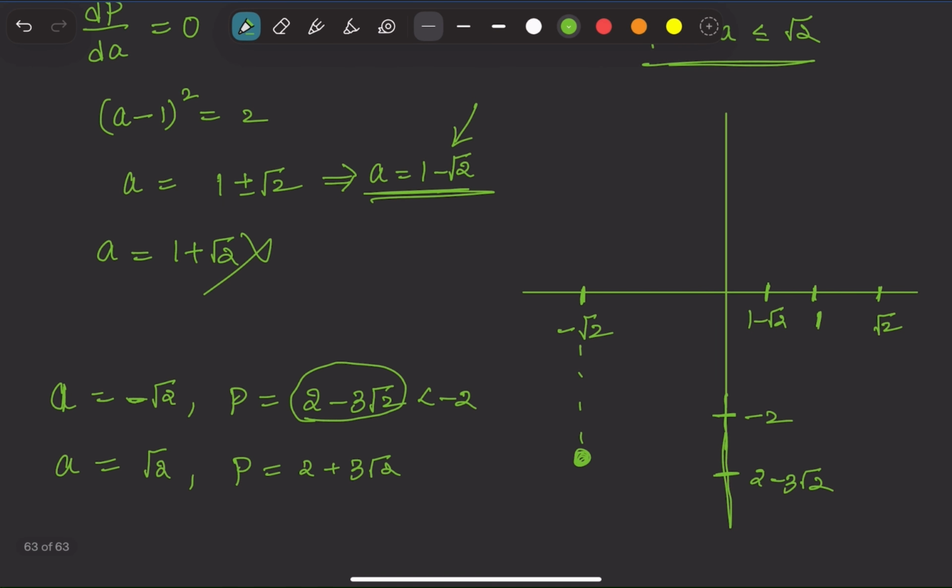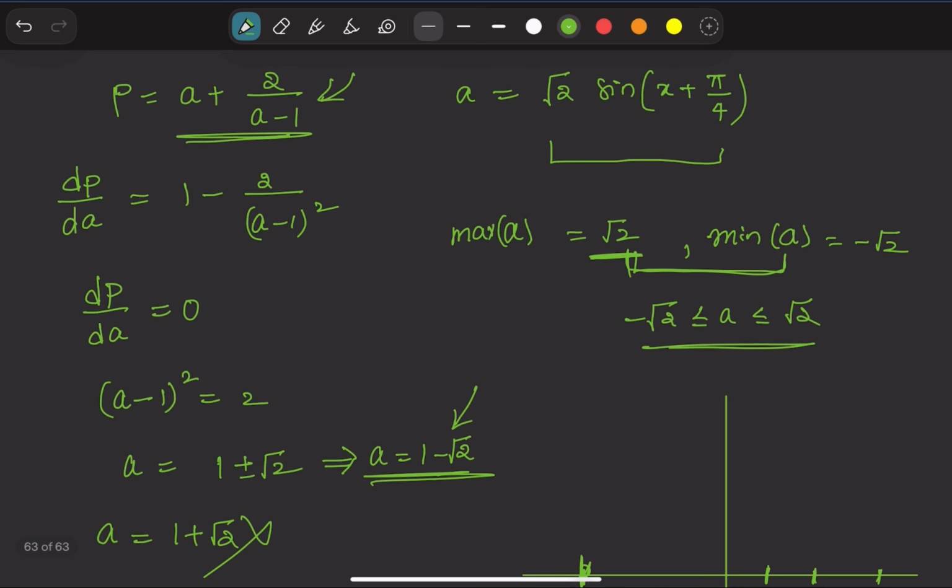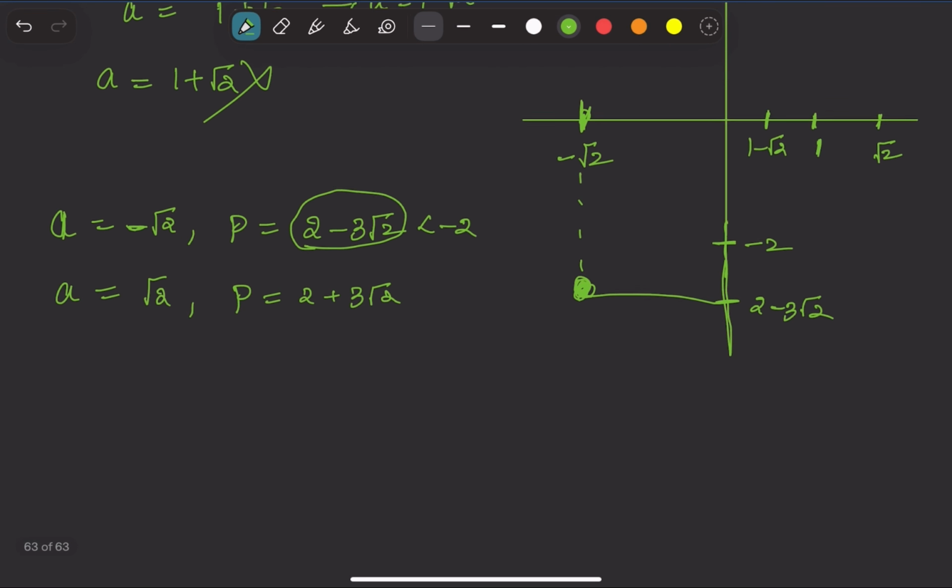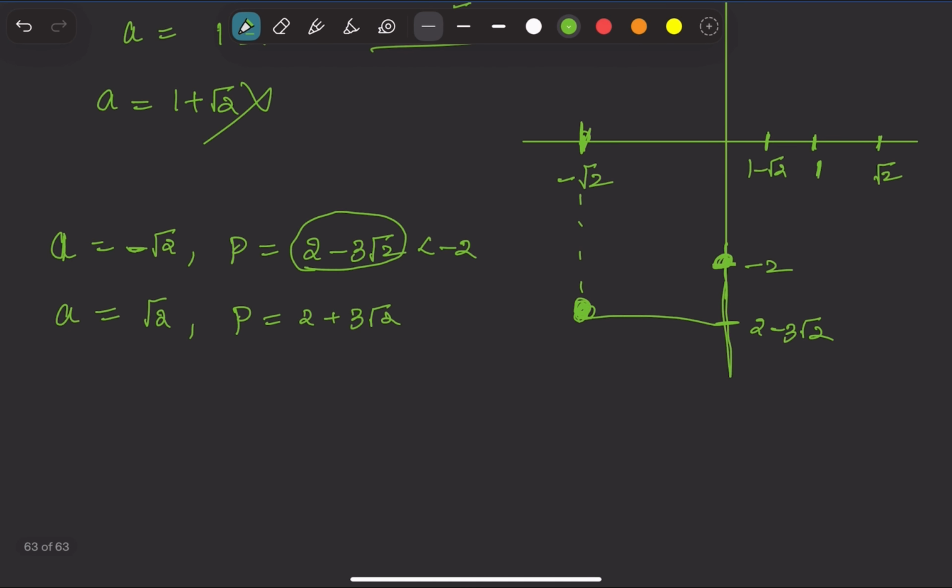Alright. Now at A is equals to minus root 2, your graph lies here. So let us put A is equal to 0 in this. If you put A is equal to 0 here, you will get minus 2. So at A is equal to 0, your graph lies somewhere here. Alright. Now, your graph goes somewhat like this.